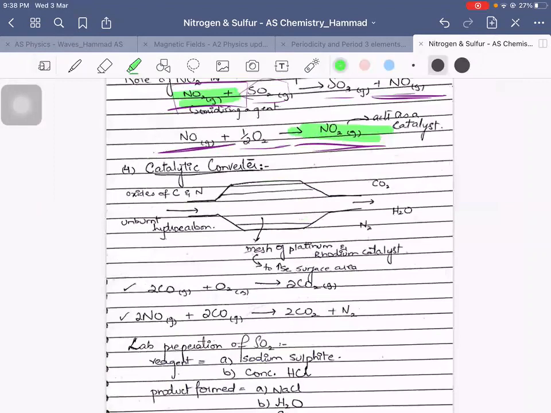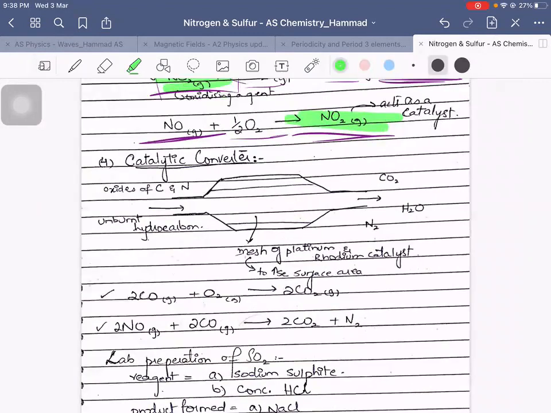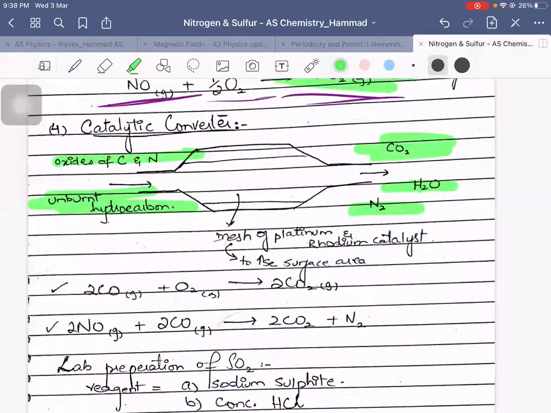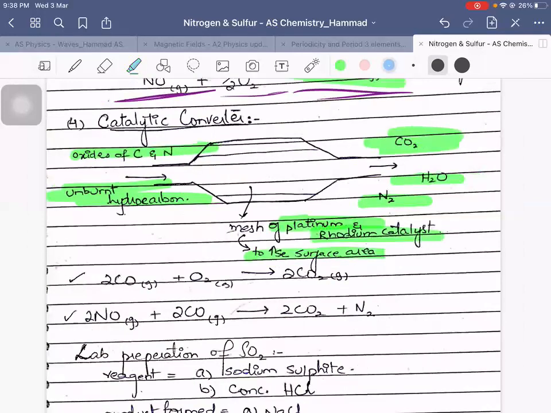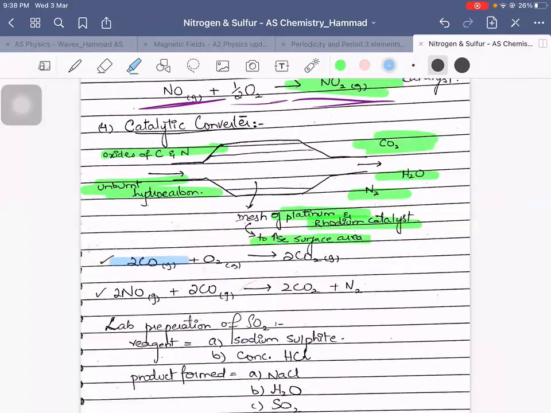Catalytic converters are used in cars. They are used to convert oxides of nitrogen and other unburned hydrocarbons, which could be harmful pollutants, into carbon dioxide, water, and nitrogen. There's a mesh of platinum and rhodium catalyst, which increases the surface area. By the way, your carbon monoxide, which is poisonous, reacts with oxygen to form carbon dioxide.